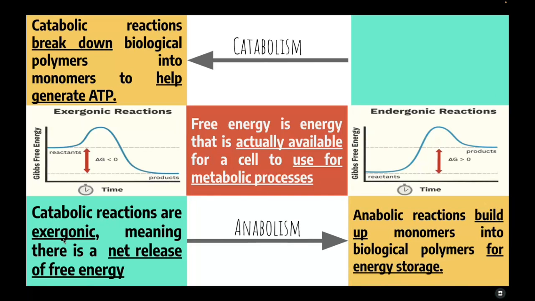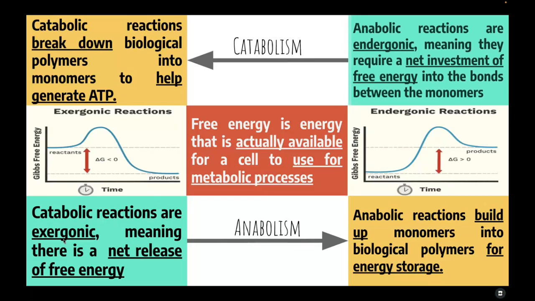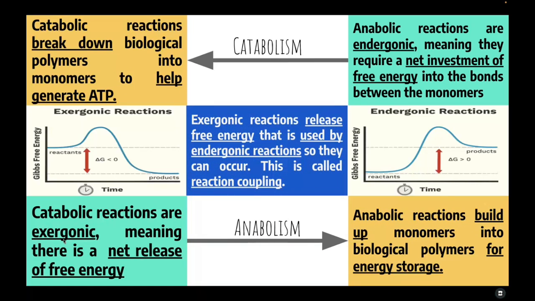Anabolism reactions are going to build up monomers into polymers for energy storage, okay? And so anabolic reactions are endergonic, meaning they require energy into the bonds between the monomers. And so exergonic reactions release free energy that is used by endergonic reactions, so they can occur.